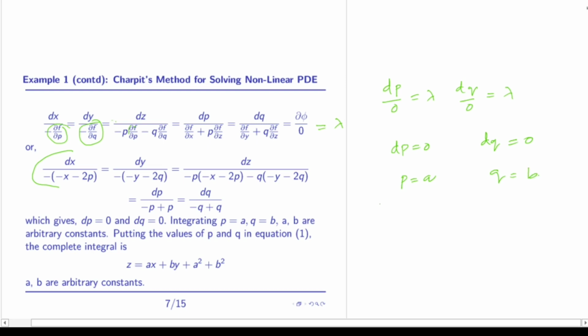Now we combine this into the equation dz is equal to p dx plus q dy. Here p was given as a, and q as b. Now integrating, we get z equal to ax plus by plus some constant, where a and b are arbitrary constants.